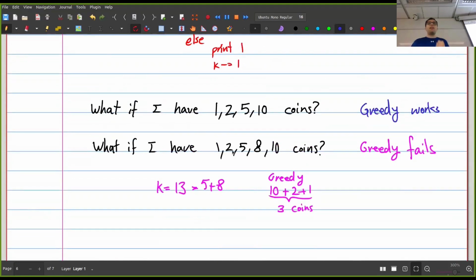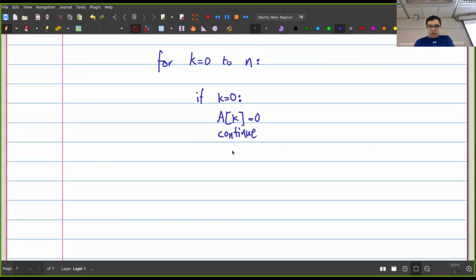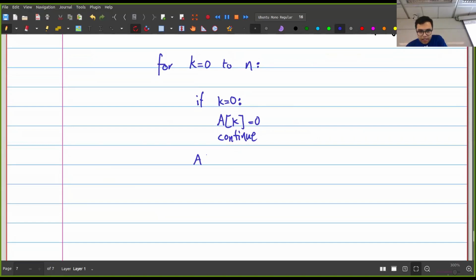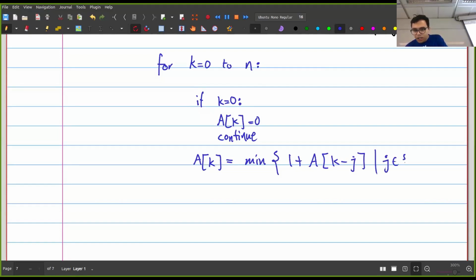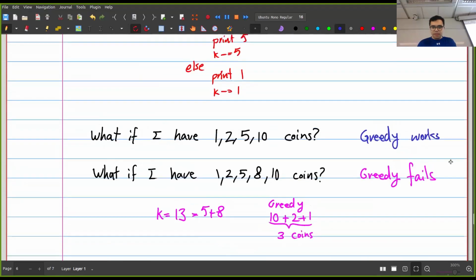If I use a $2 coin as my first coin, it would be 1 plus A[K minus 2], and so on. And of course, I want the optimal solution. So I'm going to take the minimum of all of these, and I'm going to use the combination that gives that minimum. So all I say here is that A[K] becomes the minimum of 1 plus A[K minus j], where j is either 1 or 2 or 5 or 8 or 10.